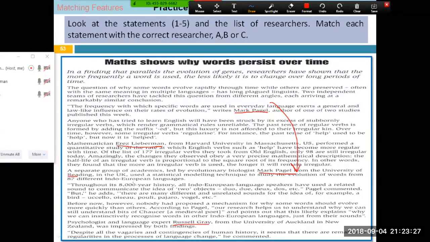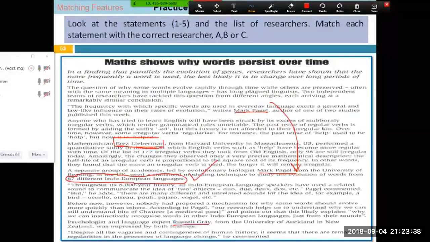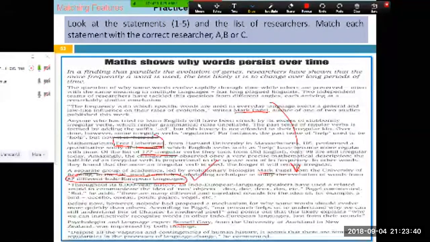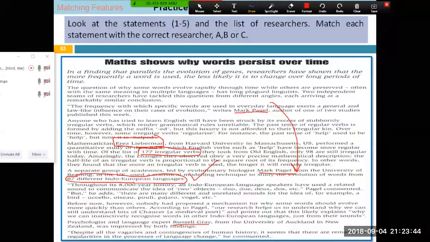Now, 87 different Indo-European languages. So now that's understood that he studied different languages, while Lieberman only studied 177 irregular verbs of the English language only.